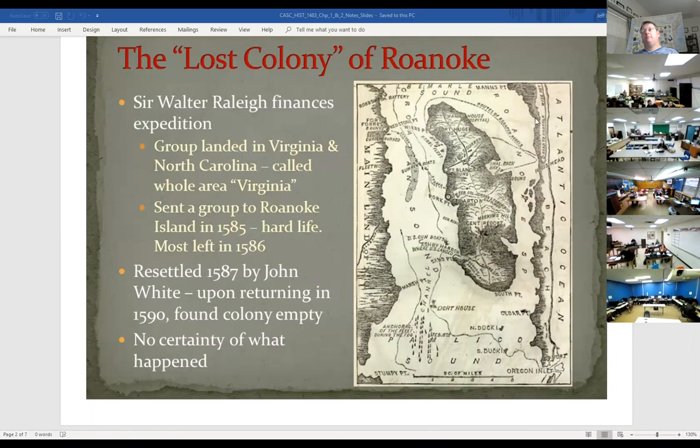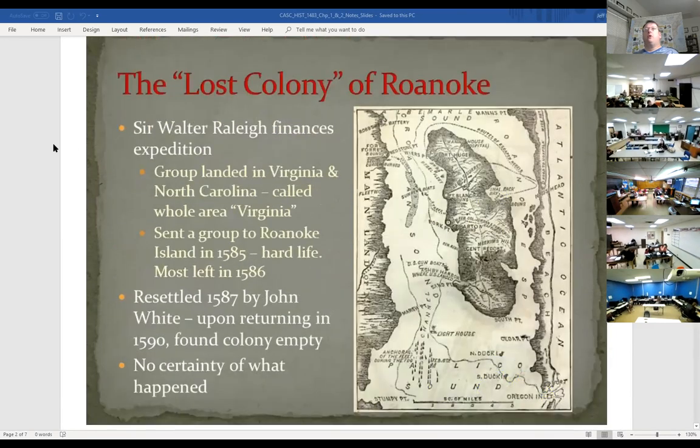She gave him the go-ahead to explore in 1584. So that's a little bit before the defeat of the Spanish Armada. And he sent his first expedition there in 1585. And this was a group of about 100 men, soldiers, living on this island.